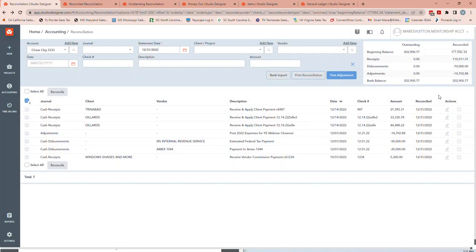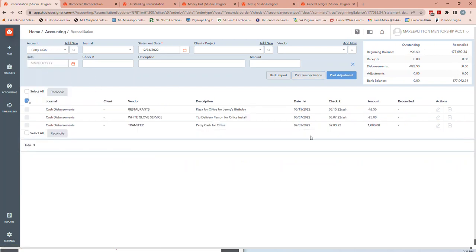Okay. So moving on to petty cash, because petty cash doesn't have a statement, that's going to require you to go ahead and count up the money that's in your little cash box or wherever you keep that. And then you're going to reconcile that. That's the whole reason why there are receipts that we ask for in the petty cash bin.